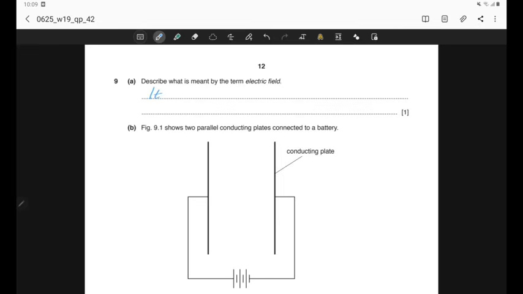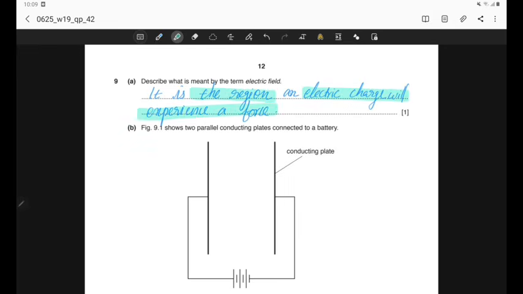So we can write it is the region where an electric charge will experience a force. So all these words are keywords, the region where an electric charge will experience a force. You must include all these keywords in order to score 1 mark.